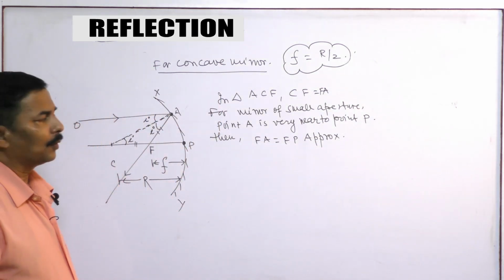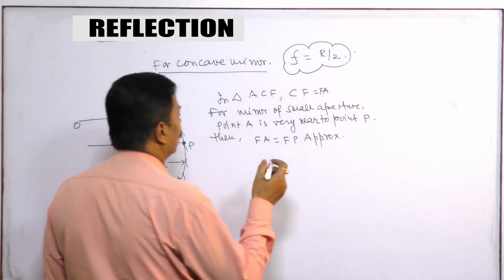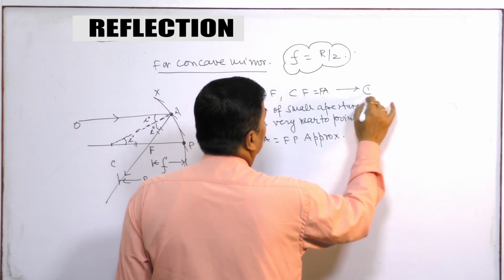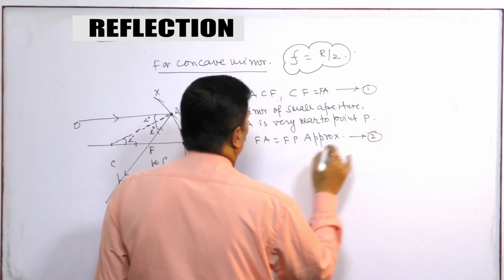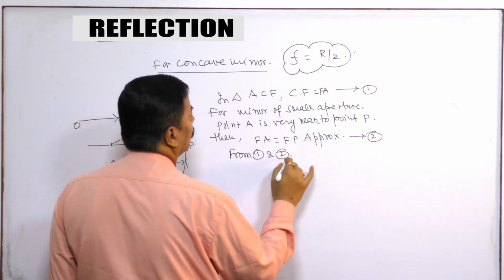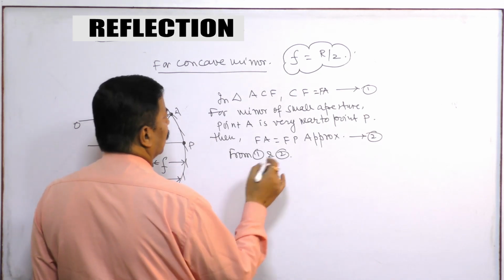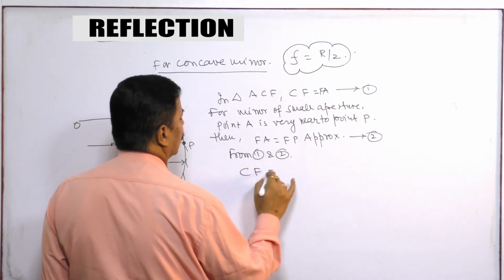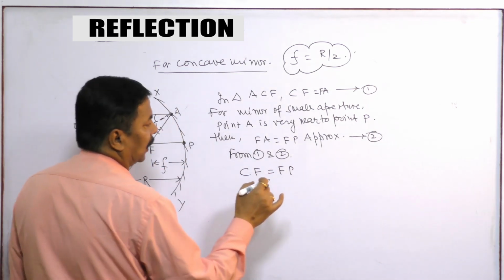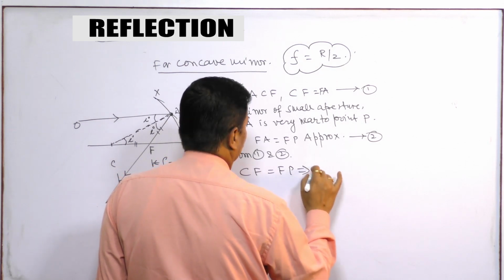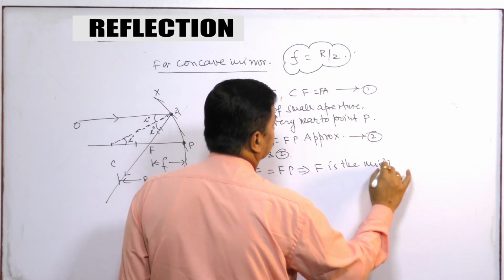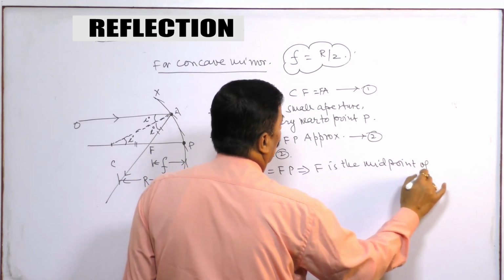When FA is equal to FP approximately, take it as 1, take it as 2, from 1 and 2 what are we getting? We are getting CF is equal to FP. This implies F is the midpoint of CP.